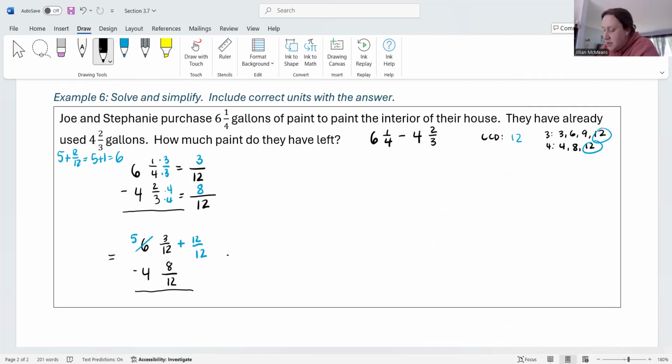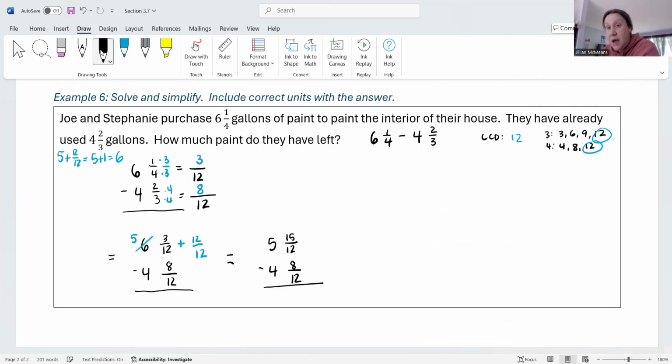Okay? So let's clean this up. So now instead of 6, we have 5. And instead of 3/12, we really have 3/12 plus 12/12, which makes this 15/12. And yes, this is improper, but it's only going to be improper for a second. So it's okay. It's kind of just like a trick we use to make this work for us. From 5 and 15/12, we want to subtract 4 and 8/12.